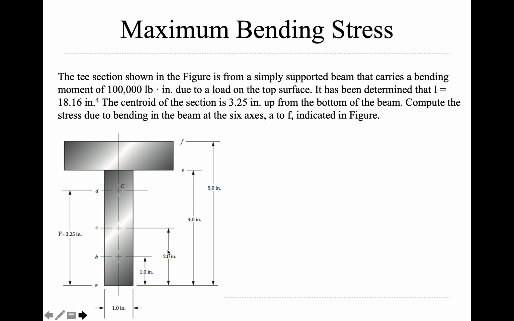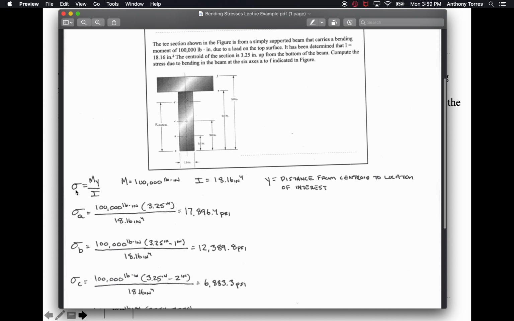Now I have it solved out over here. It's the same problem I just printed out. We're using the sigma equals My divided by I equation. M is given in the problem as 100,000 pound-inch. I is 18.16 inches to the fourth. And y is just the distance from the centroid to the location of interest.